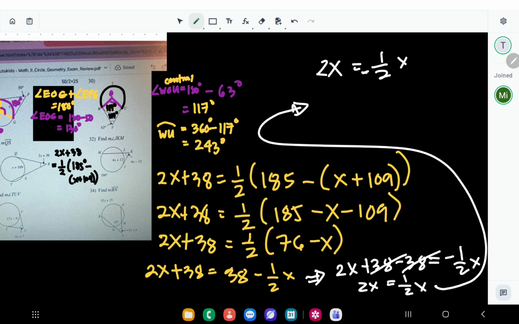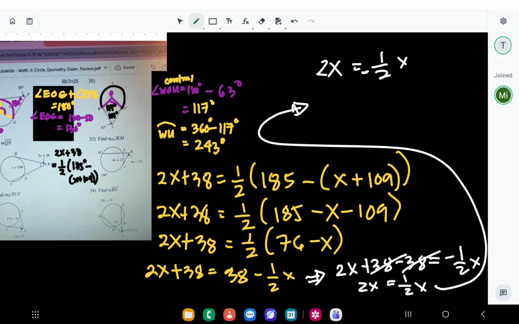Oh, wait a while. Let me check first. I think we made a mistake. 2x plus 38 equals 1/2 times 185 minus x minus 109. 185 minus 109, so that's 76. Minus x, 76 divided by 2.